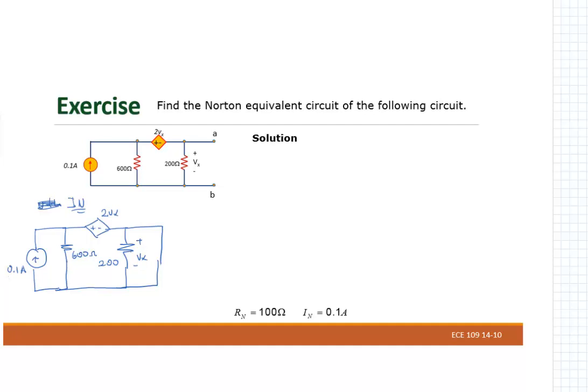When we look at it, you will see that the 200 ohm resistor is short circuited. So basically Vx will be equal to 0. So the dependent source will be equal to 0 volts too, because Vx equals 0.